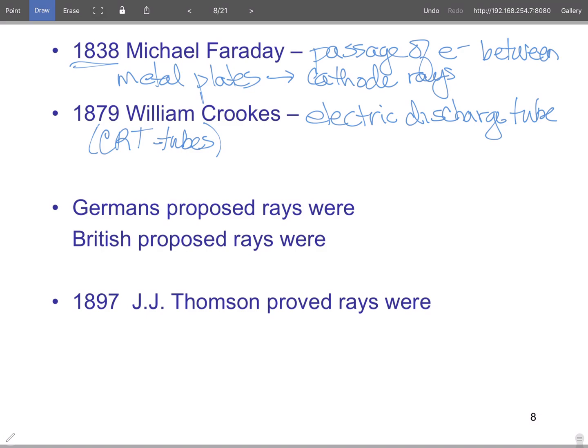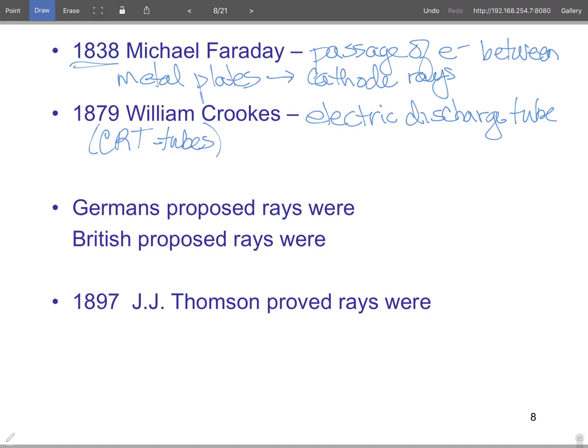The CRTs are what the original monitors on computers and TVs were made of. If you have access to an old TV, non-LED, the really big ones that are really deep and kind of crackle, if you put your finger on it, you can actually see the electrons, which are creating the image, follow your finger. Okay, so this was in 1838 to 1879.